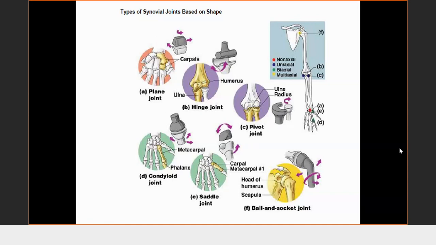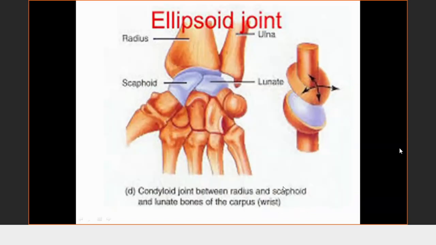And then we are having basically the ball and socket variety. You are knowing it. Example is the humerus, the shoulder joint. And then another joint which is the ellipsoid joint. Here basically the ovoid convex surface is fitting into the elliptical concave surface.